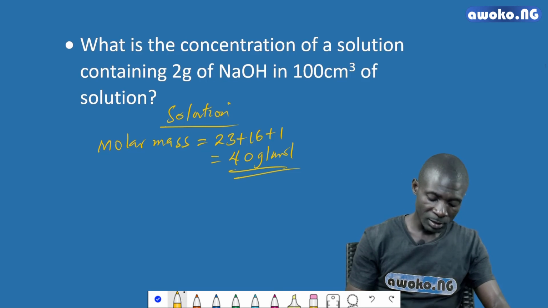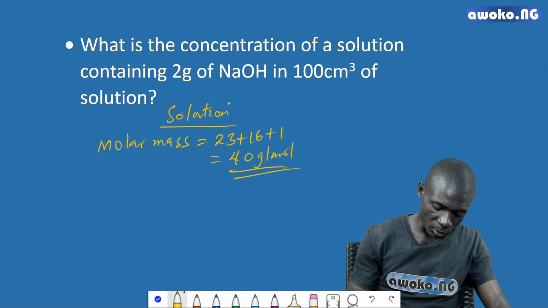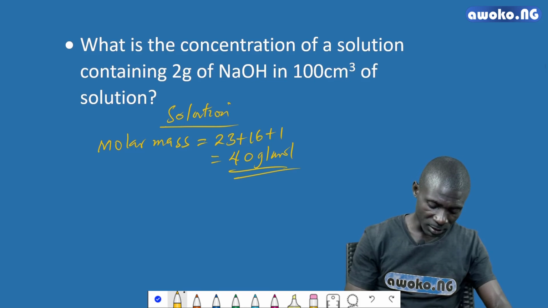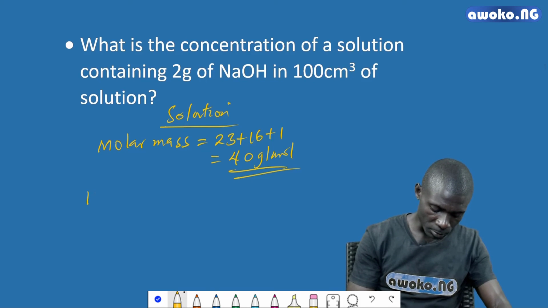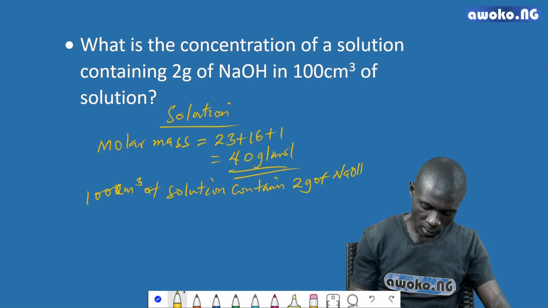Remember, we said molar concentration is concentration in mole per dm³. So we are simply going to equate the 2 grams of sodium hydroxide in 100 cm³. Now we can later get the mass that will be dissolved in 1000 cm³. So 100 cm³ of solution contains 2 grams of sodium hydroxide.